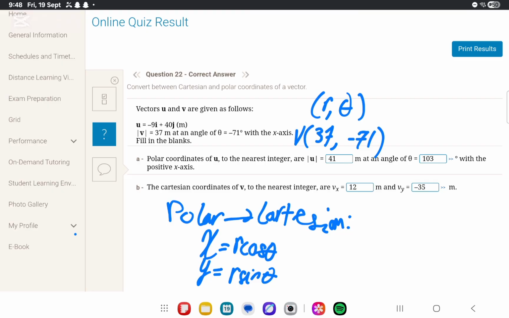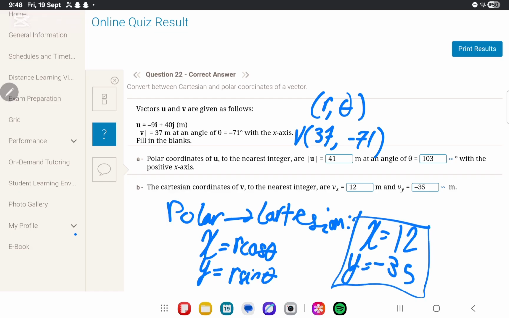So, to get rec, you press shift minus. Now you see rec on your screen, not pol. Write your magnitude first, 37, comma, write your angle now, negative 71. You should see x is equal to 12.04, so we're going to round to 12. And y is equal to negative 34.98, we're going to round to negative 35. And this is my x and y for vector v.